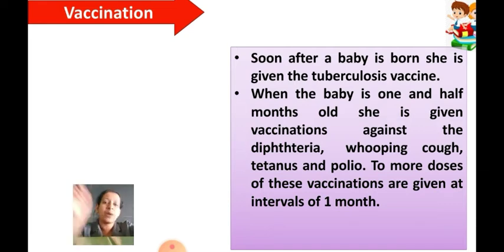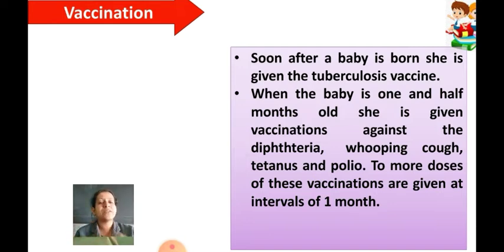For example, one is the triple vaccine, second is the polio vaccine. Triple means 3, a vaccine which consists of immunization for 3 different diseases: diphtheria, whooping cough and tetanus. These 3 are combined in one vaccine, called the triple vaccine. The second one is the polio vaccine.